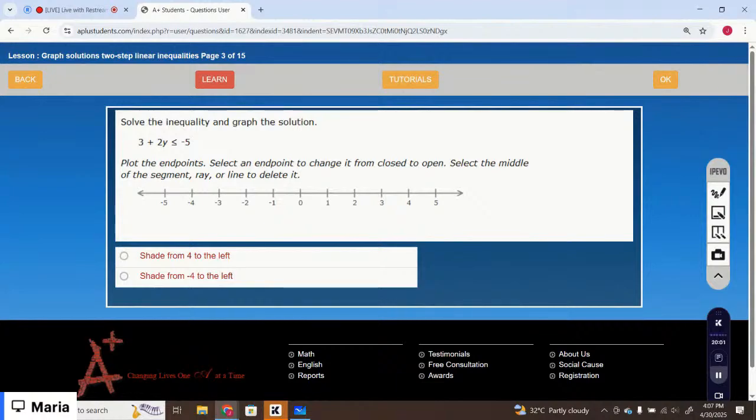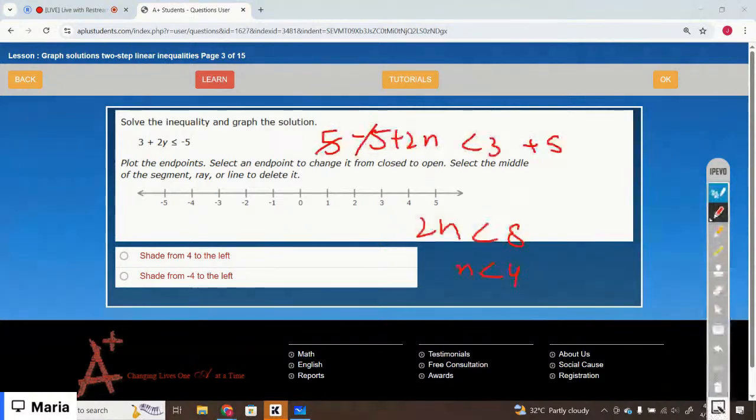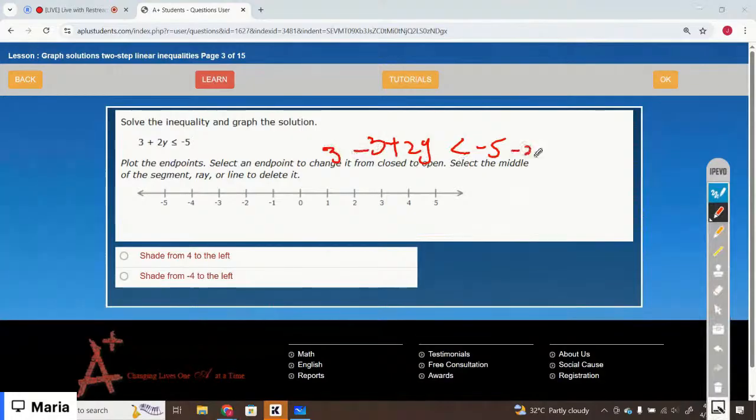3 plus 2y is less than negative 5. Subtract 3 from both sides. 2y is less than negative 8. So y is less than negative 4.